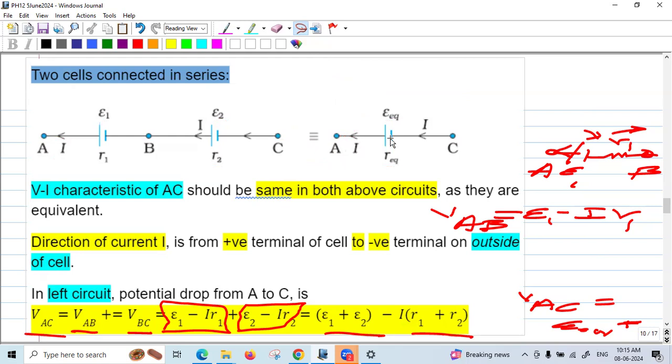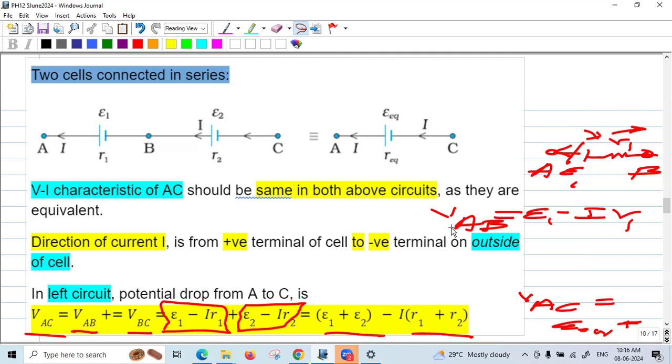These two are known cells, so I know the EMF E1 and its internal resistance r1, and the second cell's EMF is E2 with corresponding internal resistance r2. I'm replacing these two cells by a single cell whose EMF is E equivalent and internal resistance is r equivalent. I have to find the relation between E equivalent and E1 and E2, and also r1 and r2, and the relation between r equivalent and these known quantities.